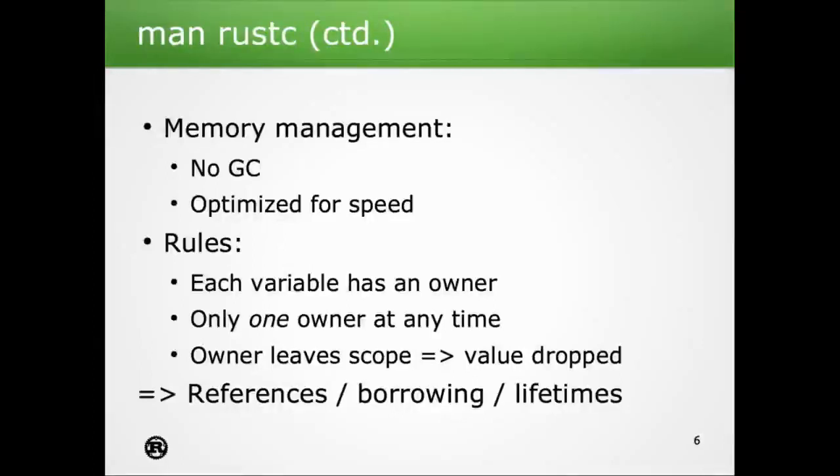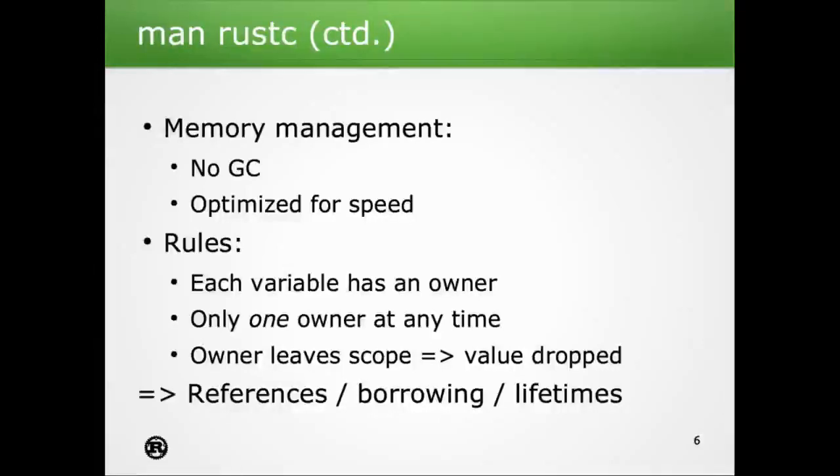So a couple of rules directly derive from these paradigms. Each variable at any given time has exactly one owner, meaning you can identify who's controlling a variable.